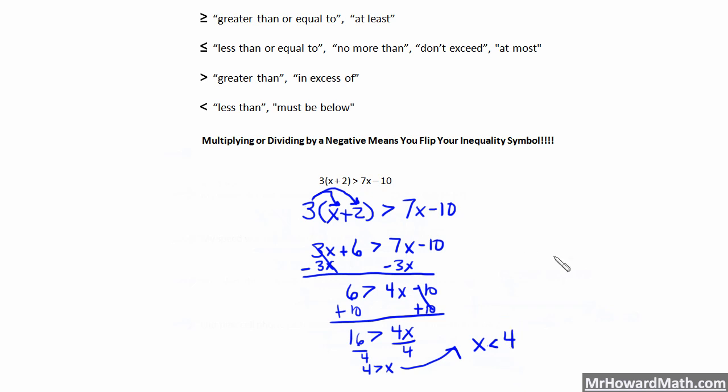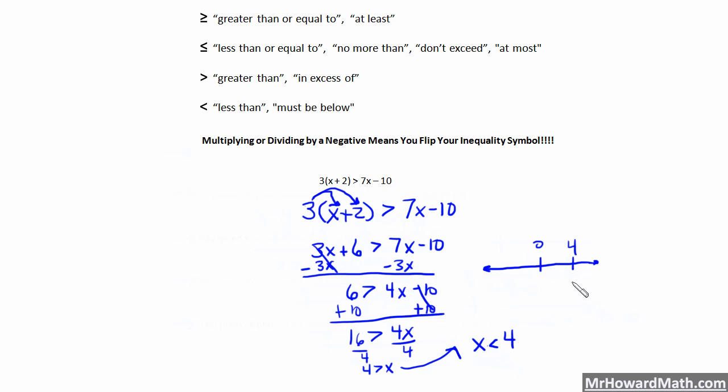Alright, now I'm going to graph this on a number line. We'll put 0 right here, we'll put 4 right here, and then we'll be going back this way for our x. Number lines go forever in both directions, so we can put arrows there, that's fine.